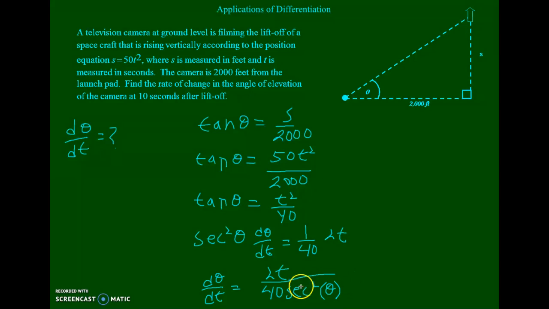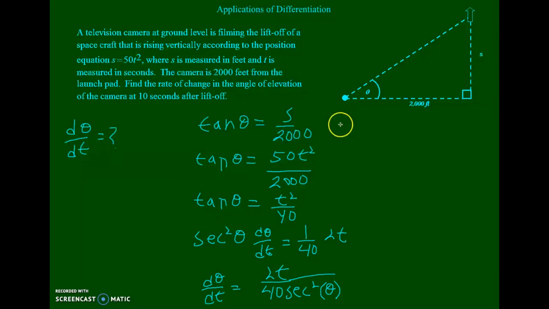Now to solve this, we need our t value, and our t is 10 seconds, so we can plug that in there. However, we have an issue here with the theta. We're going to have to determine what theta is at t equals 10 seconds after liftoff. In order to do that, we're going to need to know this s value.